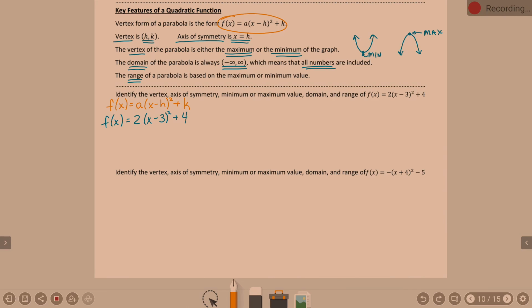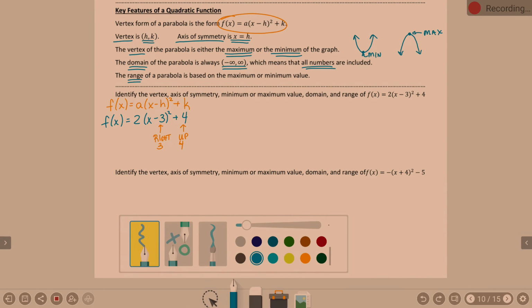First question they're asking is vertex. What are your thoughts, Paul? 3 and 4. Okay. Because what does this minus 3 tell me to do? Because it's in the parentheses, it's left or right, opposite sign, so that tells me right 3. What does this plus 4 tell me to do? It's plus 4, so it tells me to go up 4.